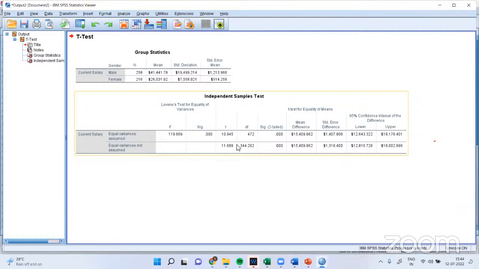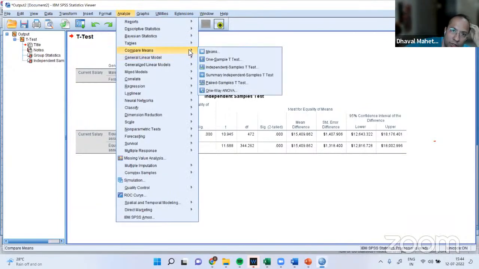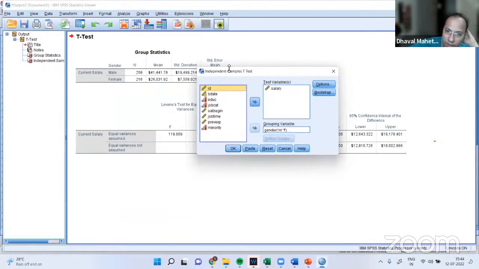So can you please repeat this process, the t-test? Analyze, compare means, independent sample t-test.